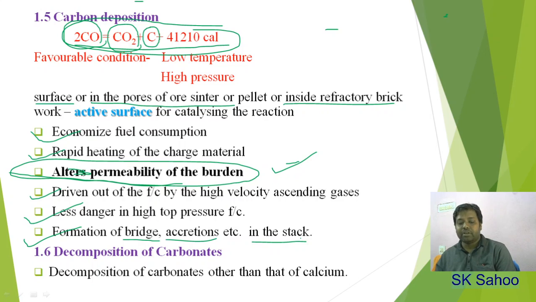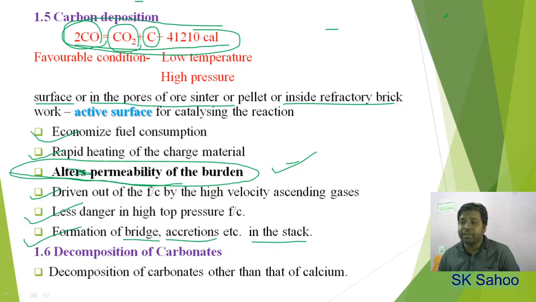Okay, so the last one is the decomposition of carbonates. Decomposition of carbonates means generally we are using dolomite inside a blast furnace as a flux. So it contains MgCO3 and CaCO3, and when this is exposed to higher temperatures, about 450 degrees centigrade, MgCO3 will be decomposed, but CaCO3 requires a higher temperature, maybe 900 degrees centigrade and above, for decomposition.